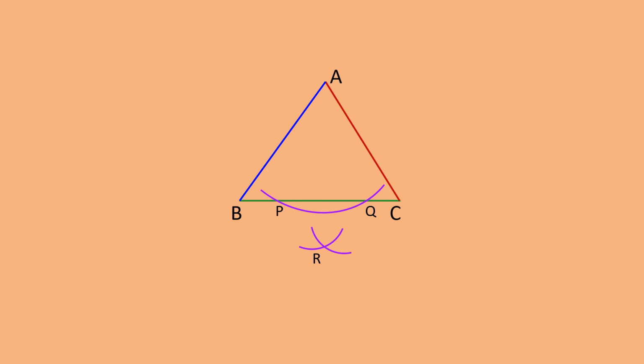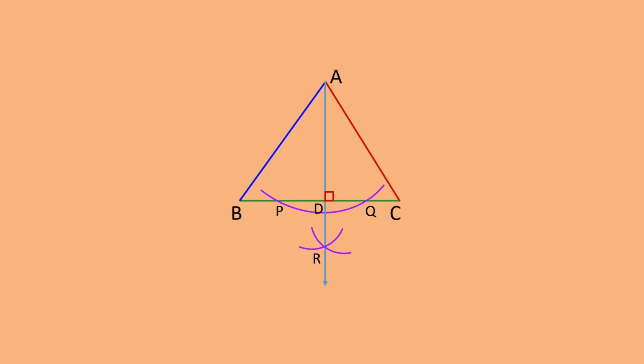Now you can join point R with A. So this ray AR is perpendicular to side BC at point D, because you will find that ray AR is intersecting side BC at point D. When I say perpendicular, we have to indicate that with a perpendicular symbol.